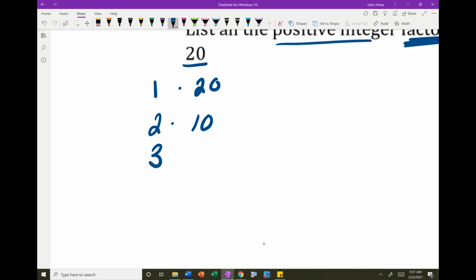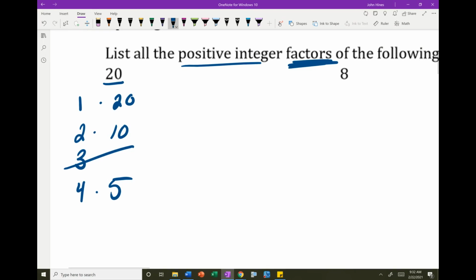And I just kind of go in order. 3 doesn't divide in nicely. 4 times 5. 5. Oh, see how I started repeating my combinations there? That tells me I'm done.